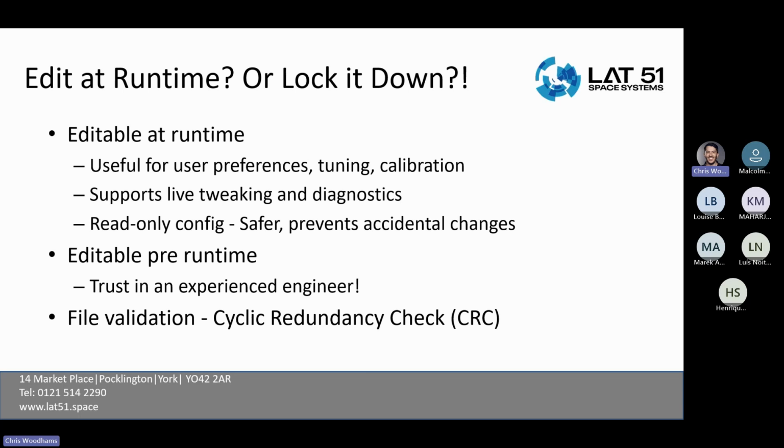If you're doing a calibration and you save your data, you create a check number for the data in the file, and then you save that check number within the file. Next time you open that file, you run the same process to create the check number and compare the two numbers to see whether they match. If they don't match, you've got a problem, somebody's tampered with the data in that file, so you probably don't want to use it, or you want to investigate what's gone on. If they match, you're all good and you can carry on.